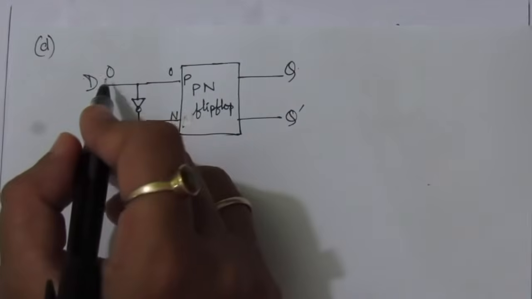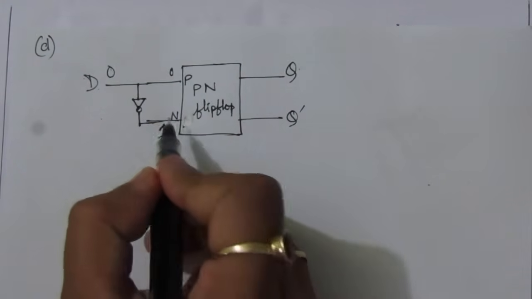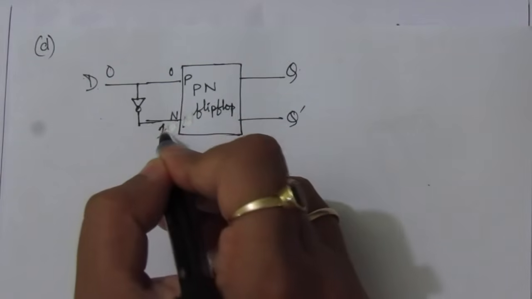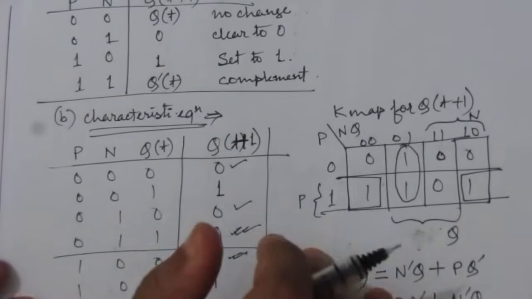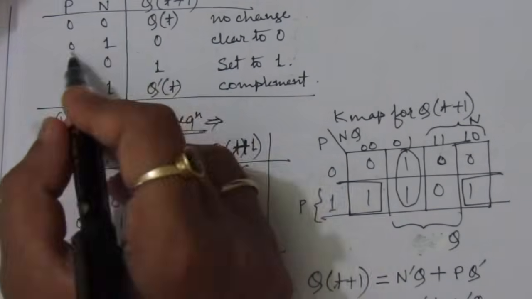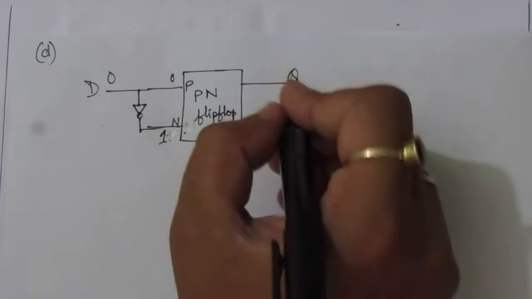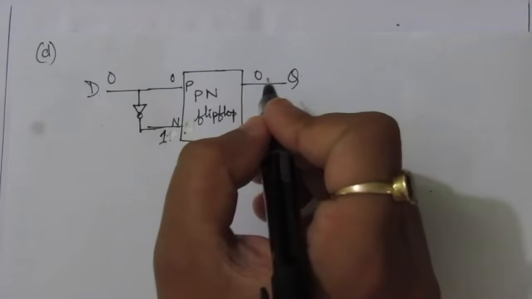So P will have 0 value and N will have 1 value. For 0 and 1, the output will be 0. For 1 and 0, output will be 1. So this output will be 0.